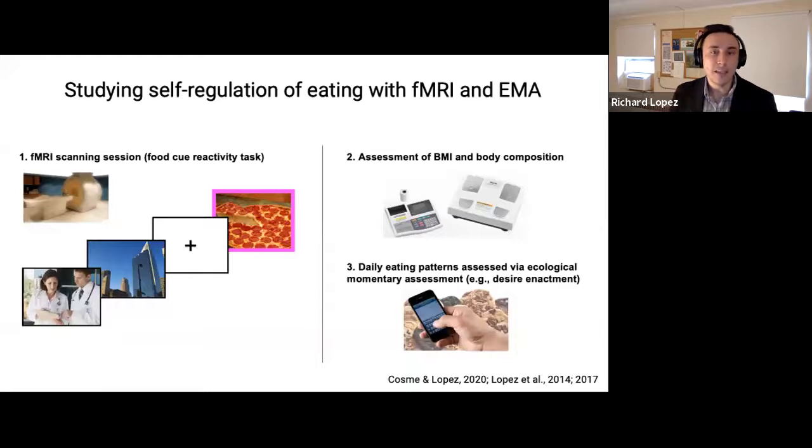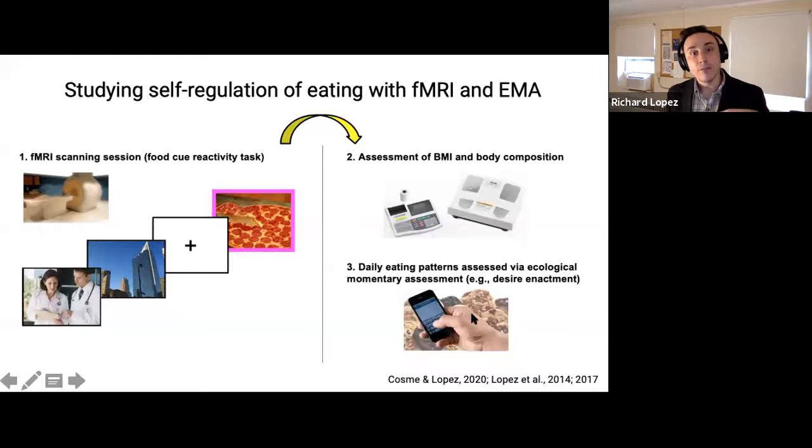That usually takes place for about a week, sometimes longer. But the key piece here is how we can relate different neural indicators of their responses to the food cues to the proximal aspects of their eating behavior as assessed via EMA, and what we're thinking about as a distal, broader index of their eating as indexed by BMI and adiposity in terms of percent body fat.